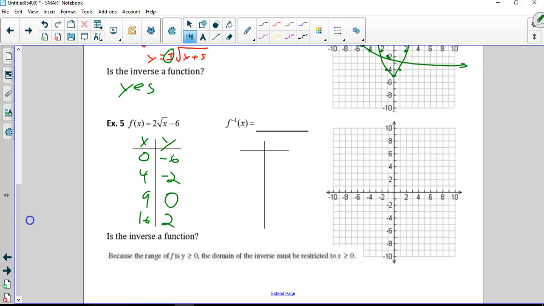Okay? We still need to write it in inverse function, so let's go through the steps. Y equals 2 root x minus 6. Add 6 to both sides. Y plus 6 equals 2 root x. Oops.